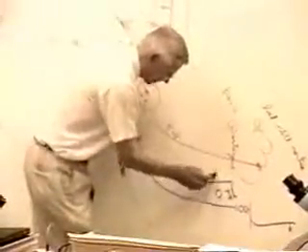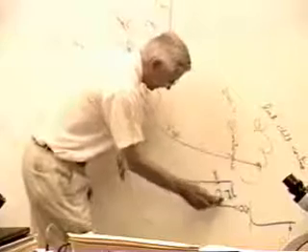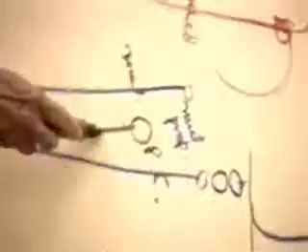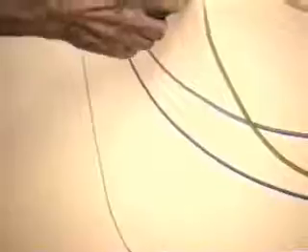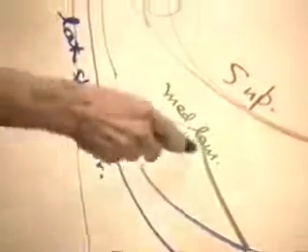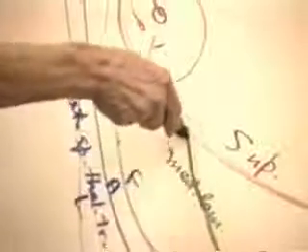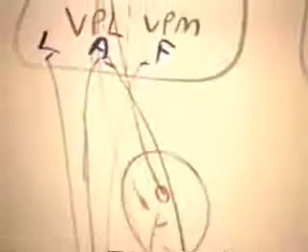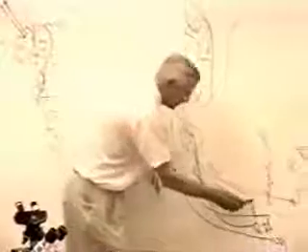Gracilis and cuneatus. Gracilis and cuneatus give rise to crossing fibers and come up medially as the medial lemniscus. So we have arm and leg come up here. And face coming in.